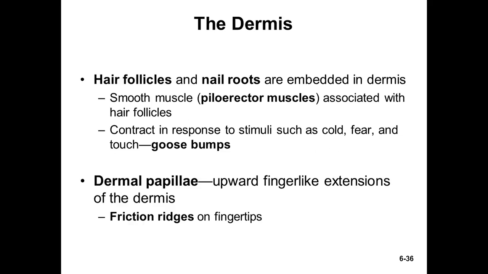This piloerector muscle you need to be familiar with, which is located in the dermis as well. If you look at figure 6.1, you can see that there's a hair follicle connected to this particular muscle, because if you're really, really cold, or if you're afraid or someone touches you, sometimes you get the little goosebumps and the hairs stand on end in an erect position.